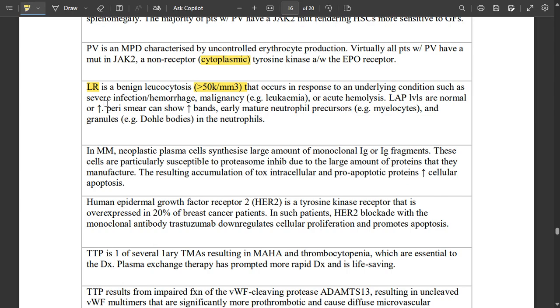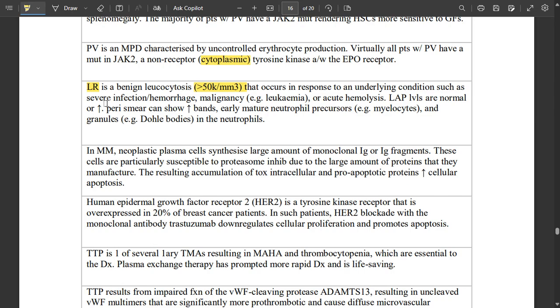The peripheral smear can show an increase in band cells. Band forms are early neutrophil precursors, the number of myelocytes increases, and granules called Dohle bodies are also present in the neutrophils. So neutrophils, despite being immature, are released into the bloodstream.